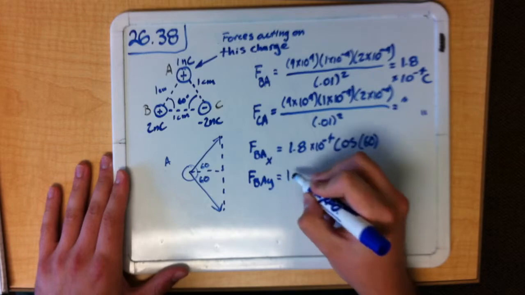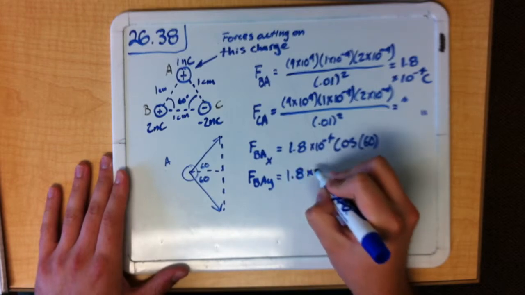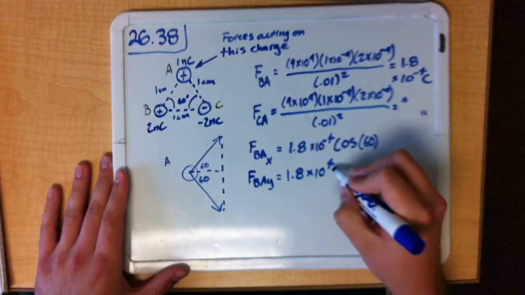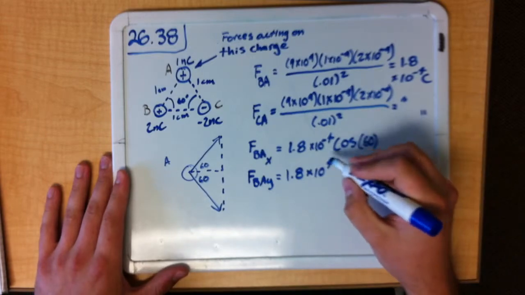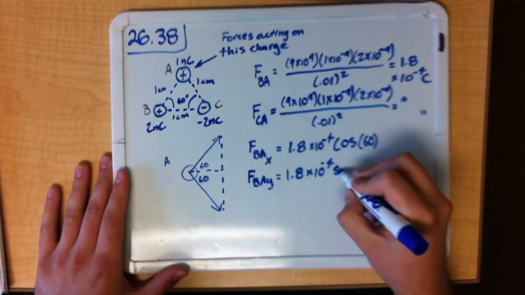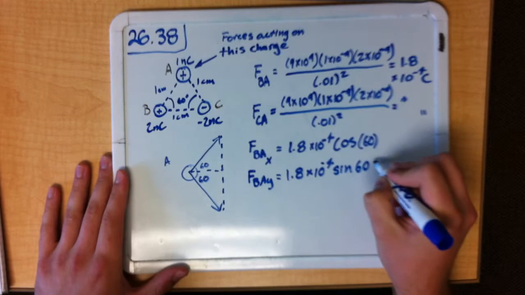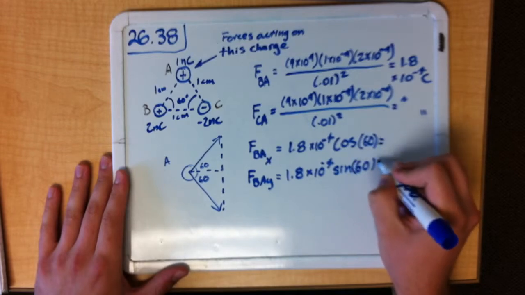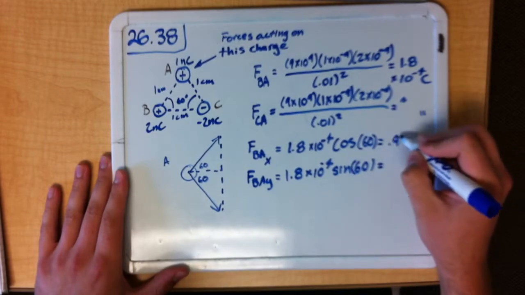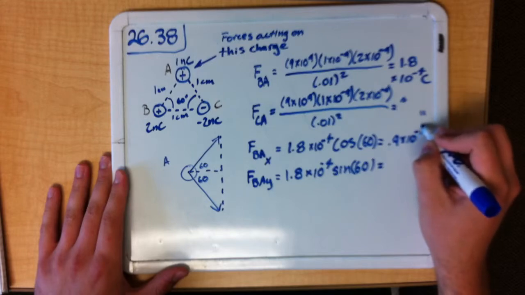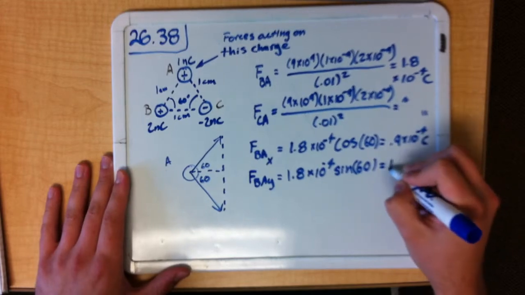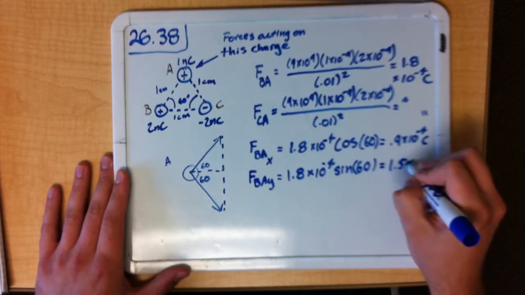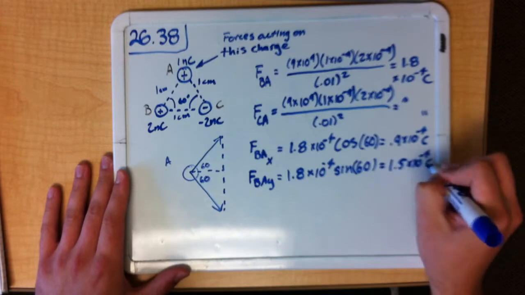And same thing for the y component, except it's going to be sine. So we have 1.8 times 10 to the negative 4th sine of 60. And these come out to be 0.9 times 10 to the negative 4th for x, and 1.5 times 10 to the negative 4th for y.